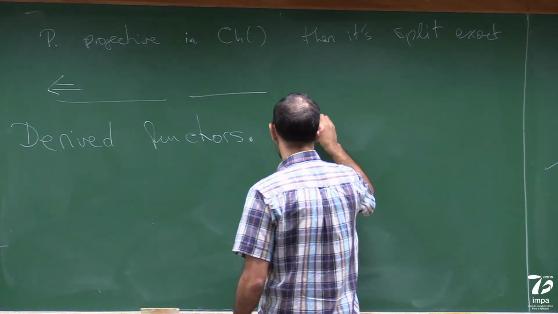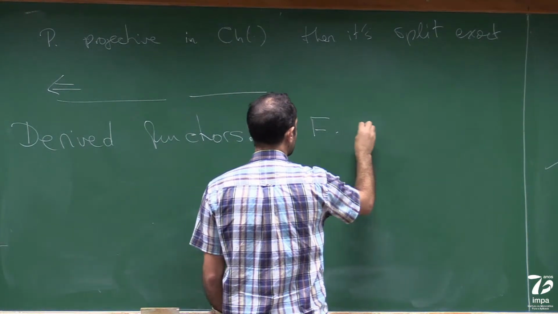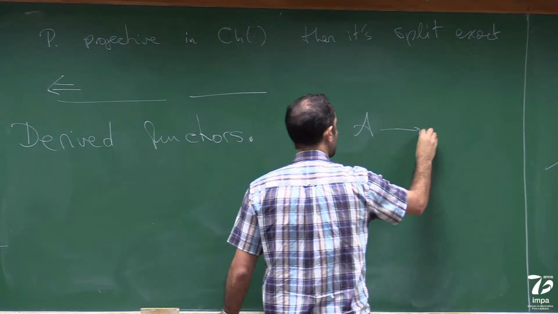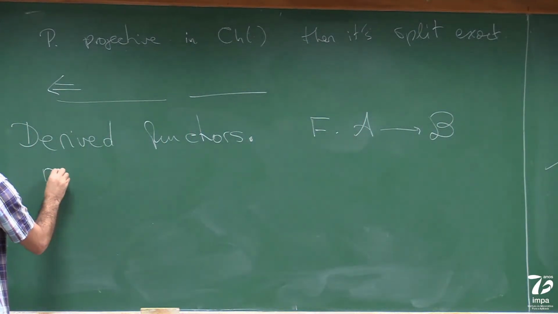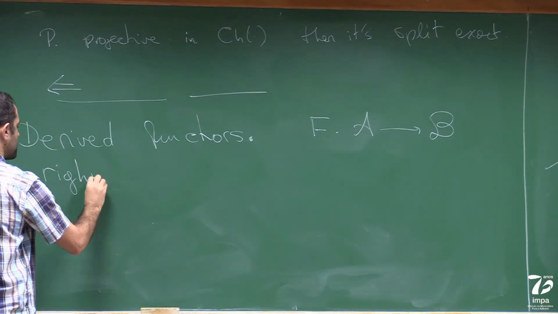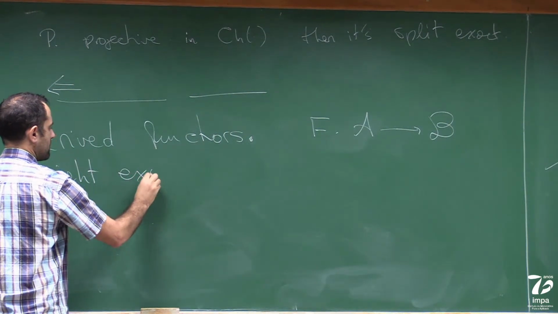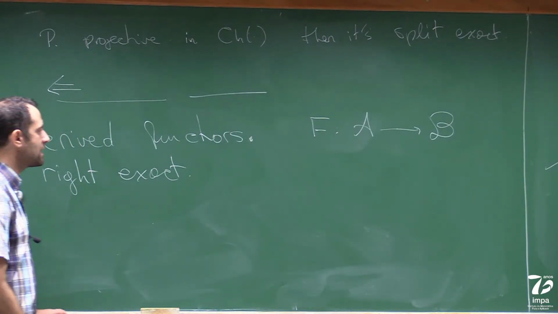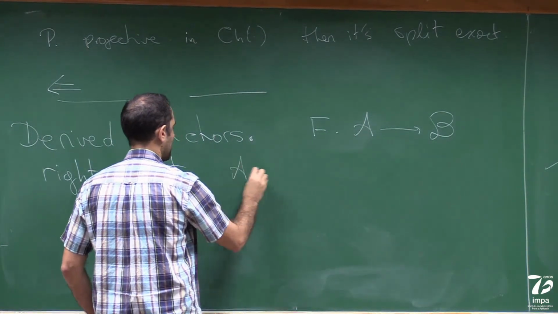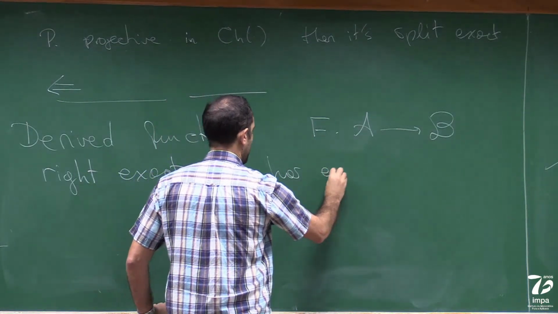So let's suppose that you have F, a functor of abelian categories from A to B, that is right exact, so it preserves surjections. And let's suppose that A has enough projectives.